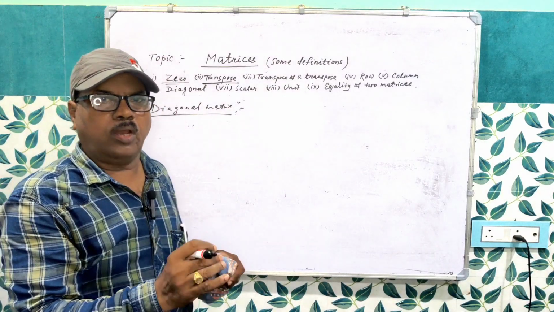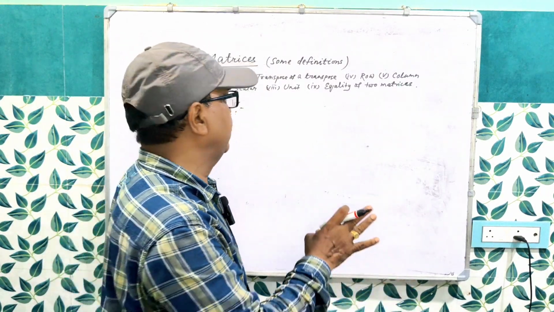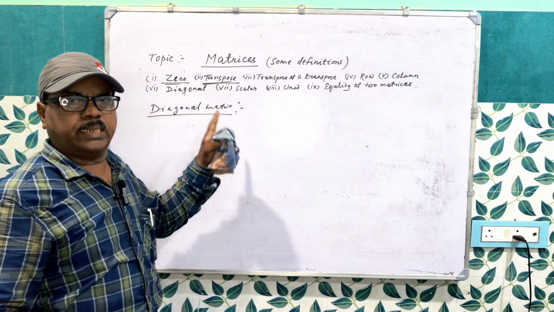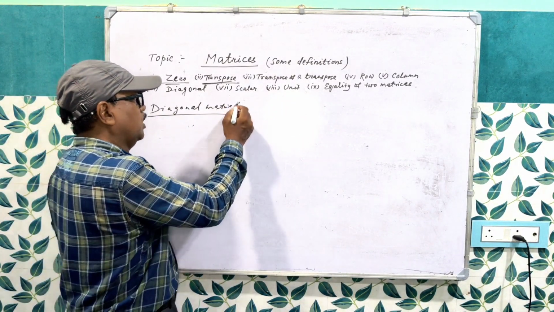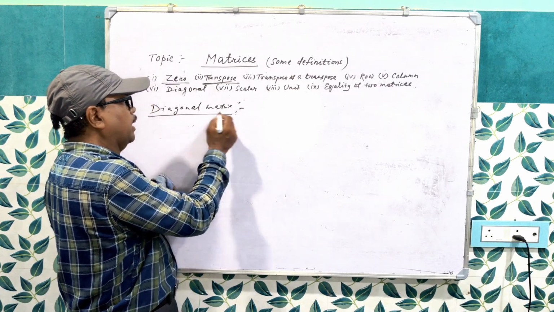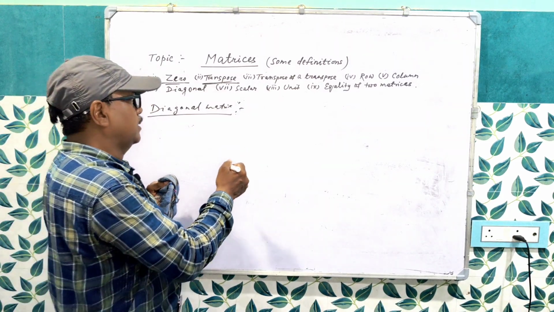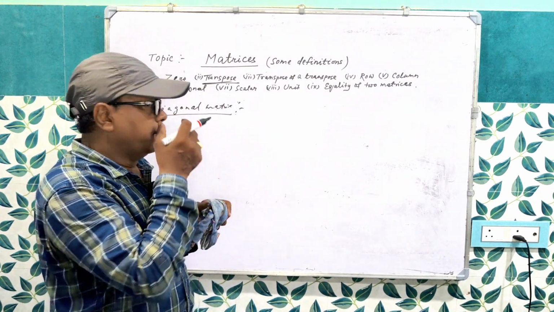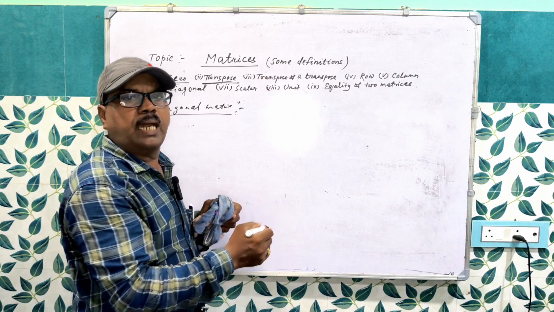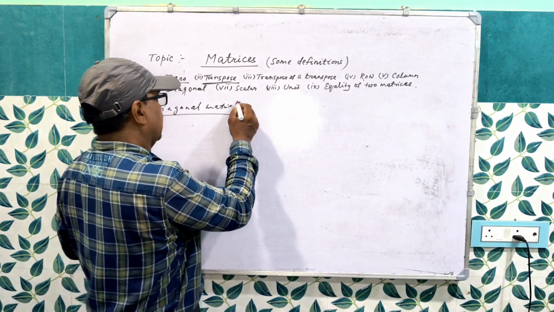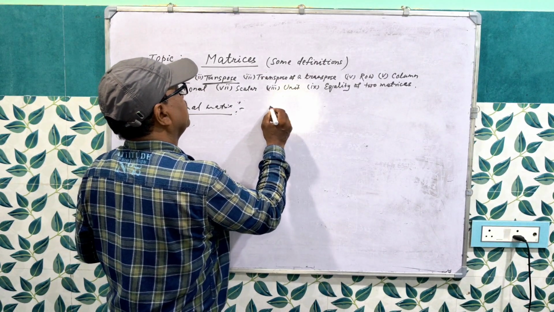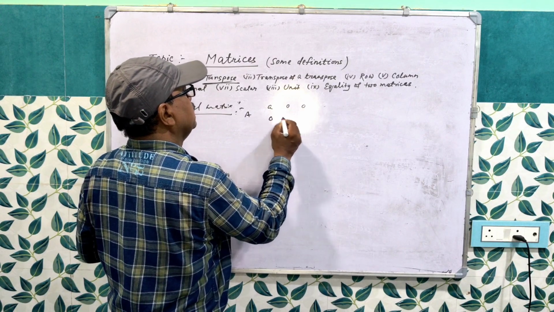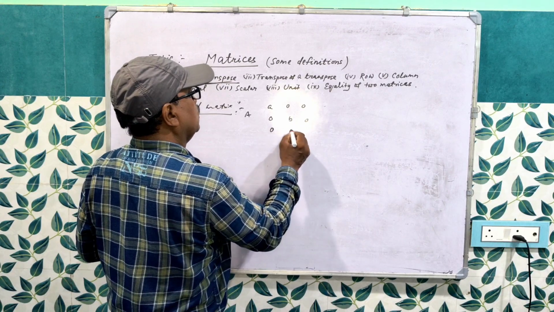That means the number of rows and the number of columns are the same. We discussed square matrices in the previous class. A diagonal matrix is a square matrix in which all the non-diagonal elements are 0. That is called a diagonal matrix. For example, A 0 0, 0 B 0, 0 0 C.